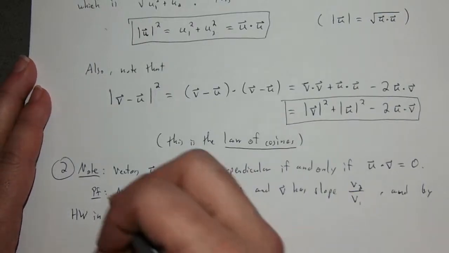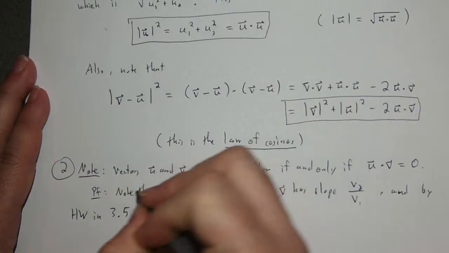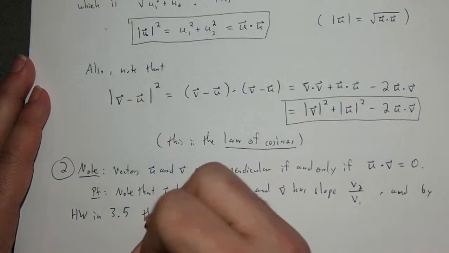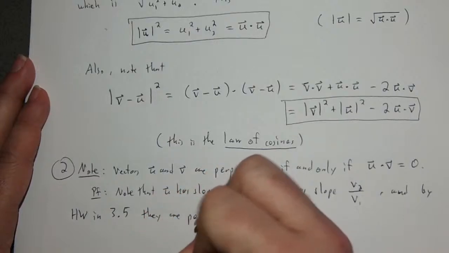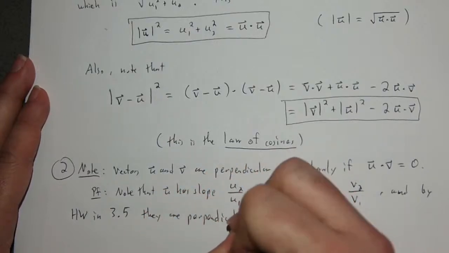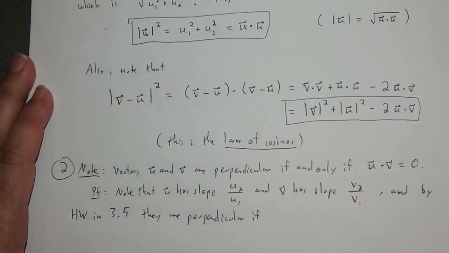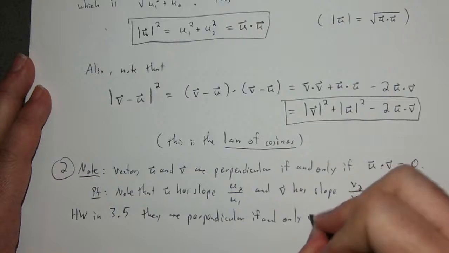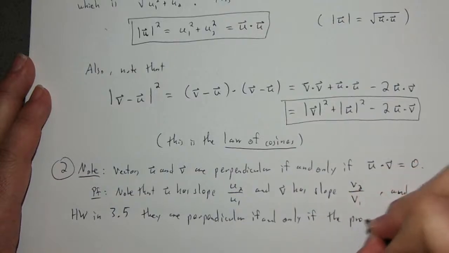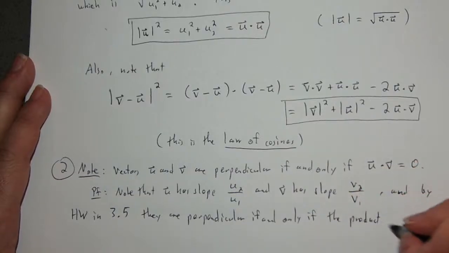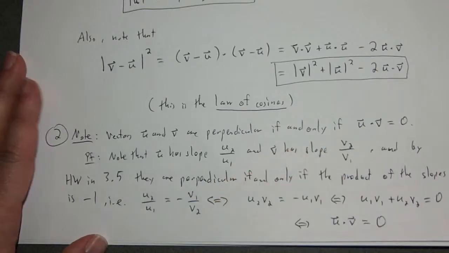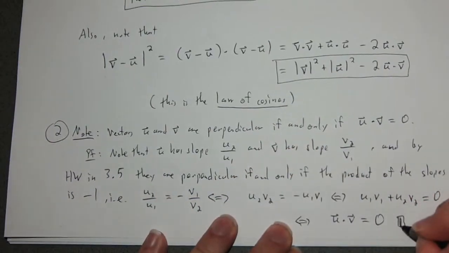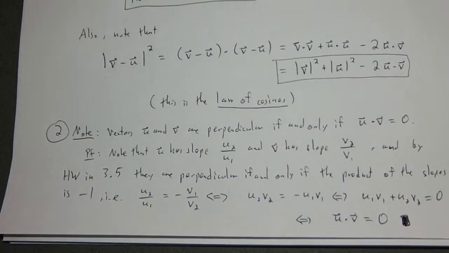By homework in 3.5 in the text, they are perpendicular if and only if the product of the slopes is negative 1. I can't remember if I assigned this or not yet. And so that's it.